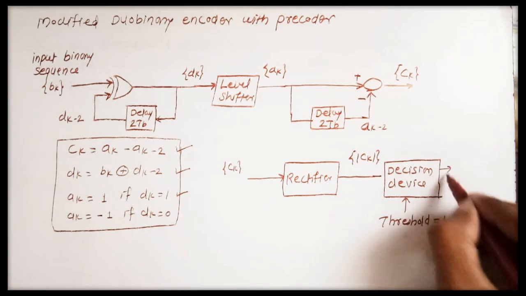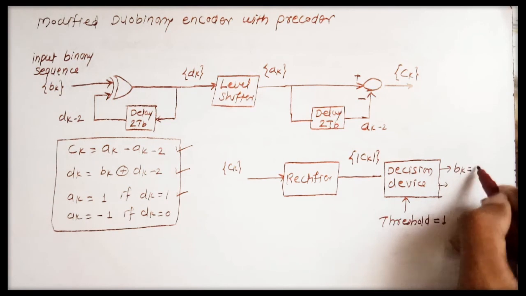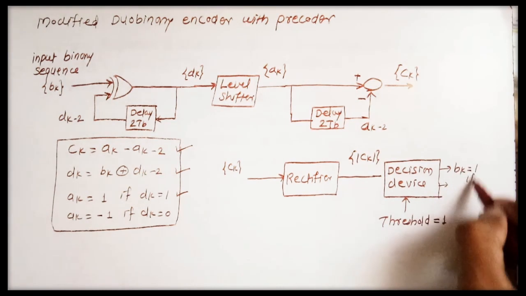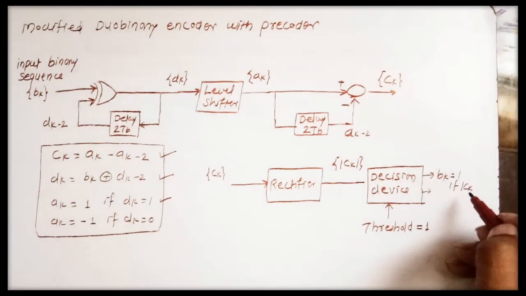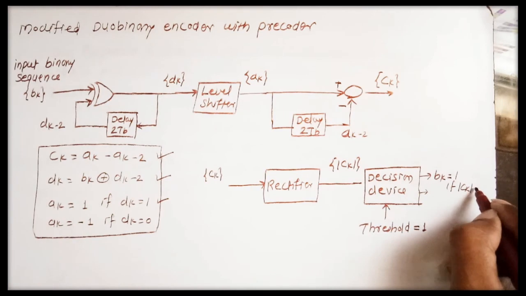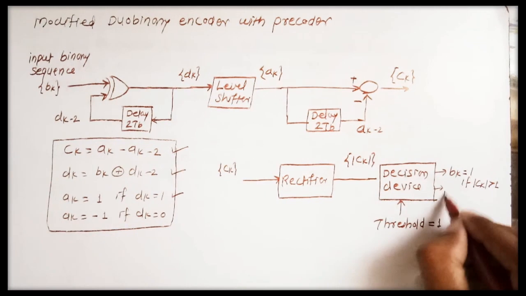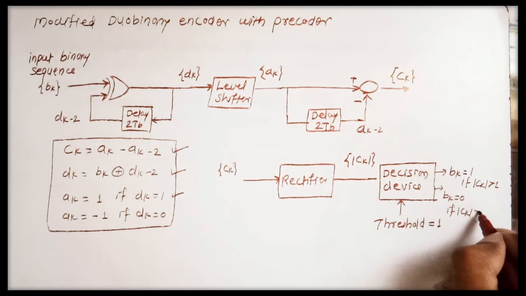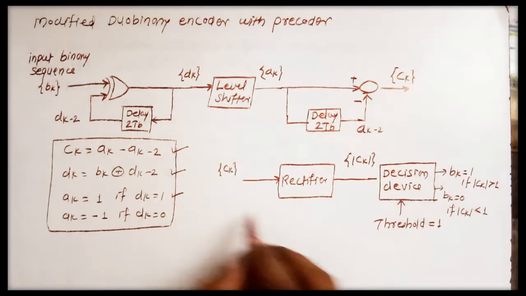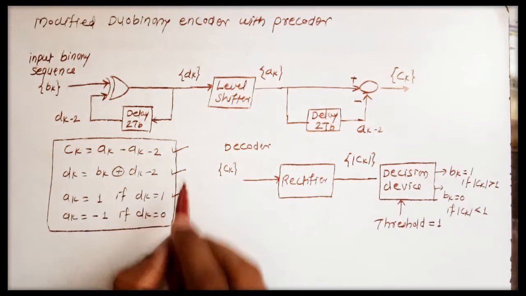Depending on that we get the output: BK equals 1 if mod of CK is greater than 1, and BK equals 0 if mod of CK is less than 1. So this is the decoder of this modified duobinary encoder, and this is the encoder.